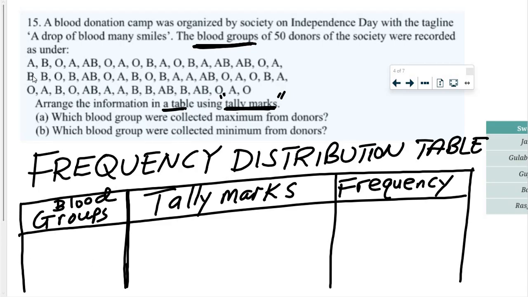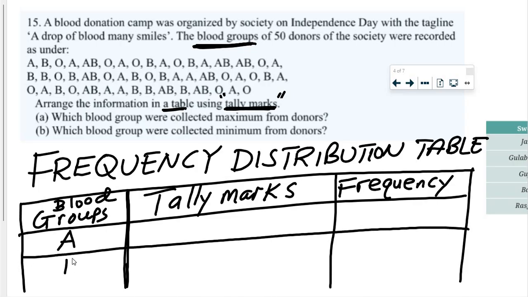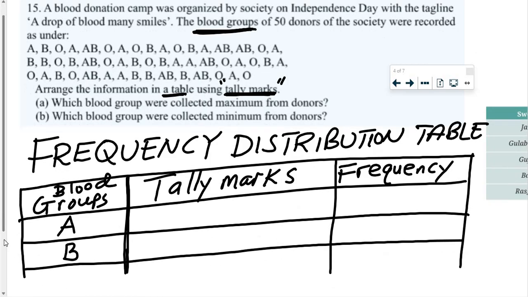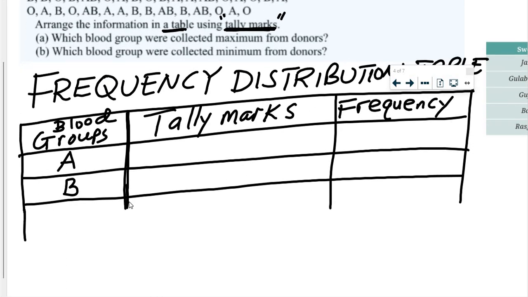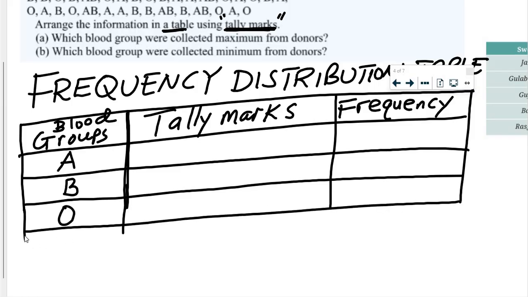Now let us start. We have people with the blood group A, B, O, and AB. So here, blood group A, blood group B, blood group O, and blood group AB.